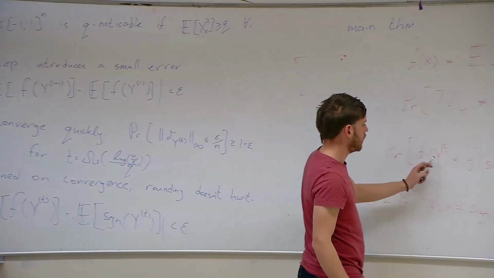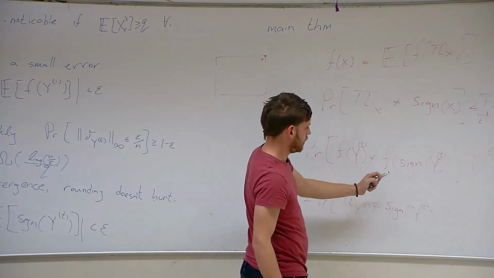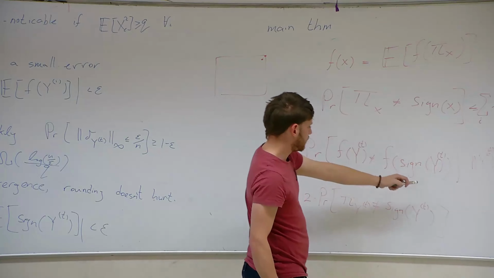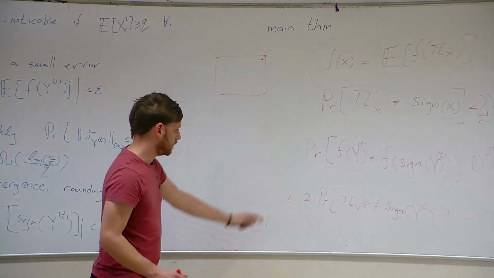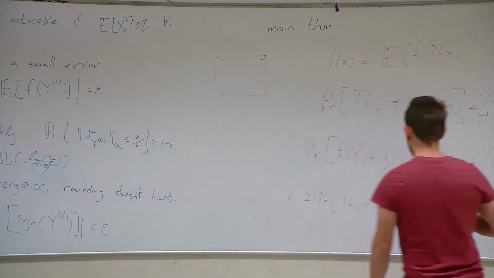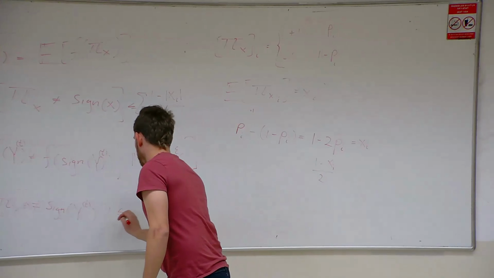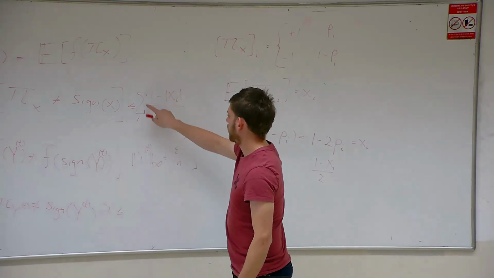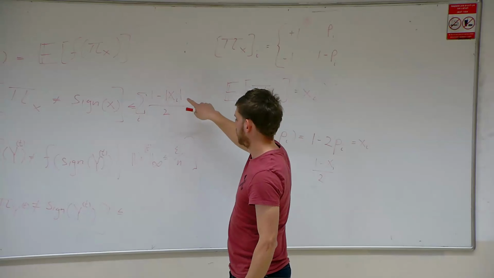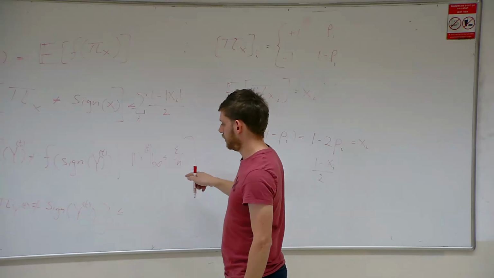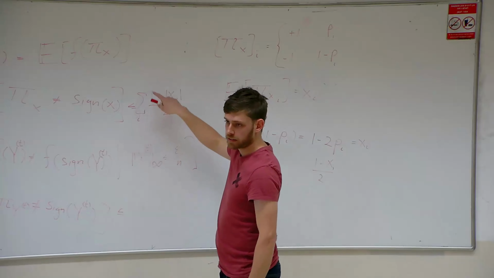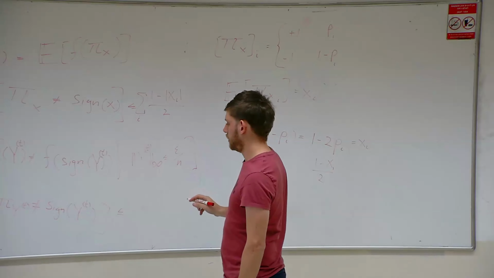I mean, you condition on yt equals the sign, and condition on the other case, and you get this. And this is at most. So each one of these terms is at most epsilon over n, and we have n summands, right?